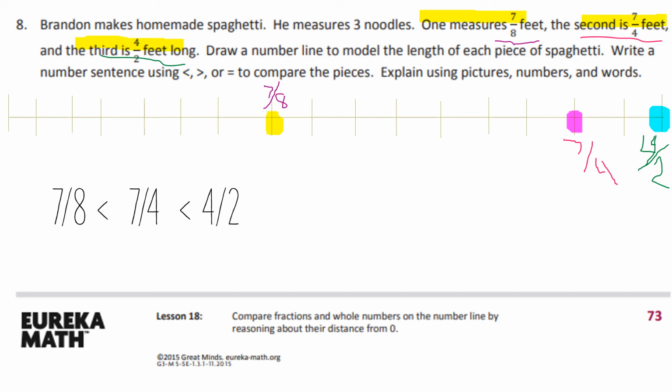So you can see here's my number line. I made sure when I did this, I knew I was going to get up to 4/2. And you can see I numbered them, 7/8, which is the first one. And you can see I underlined these still in different colors, even though my dots aren't exactly the same with them.